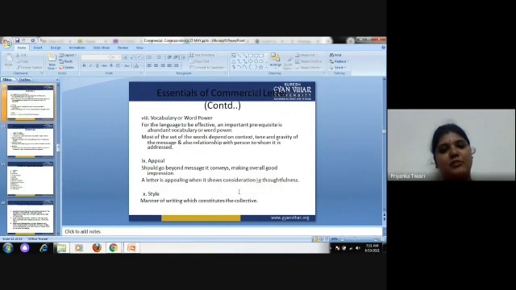Vocabulary or word power is also very important in writing. For the language to be effective, the choice of words depends on context, tone, the gravity of the message, and also the relationship with the person to whom it is addressed.